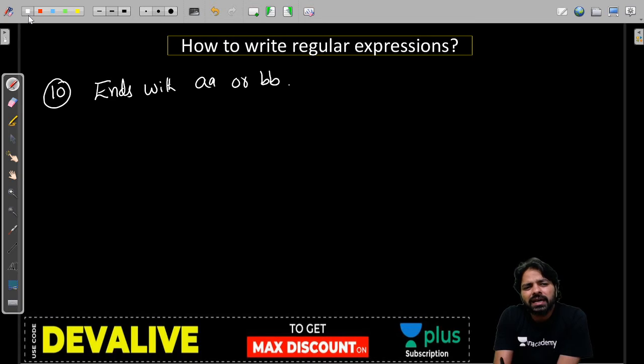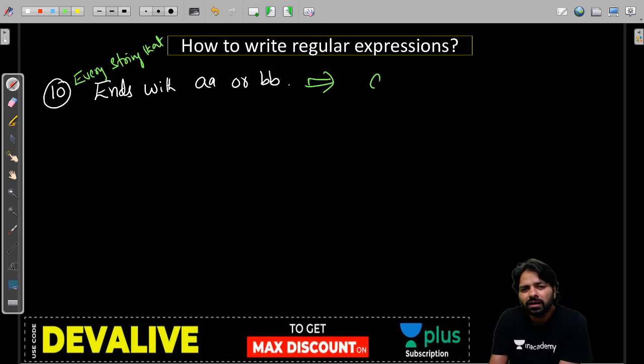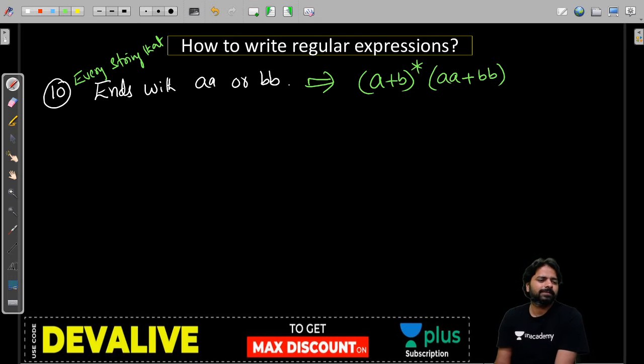Every string that ends with double A or double B. How do you write the expression, guys? Anything is there, but followed by, at the end, definitely we'll see either double A or double B. Yes, you can also say X double A or X double B, that's fine.